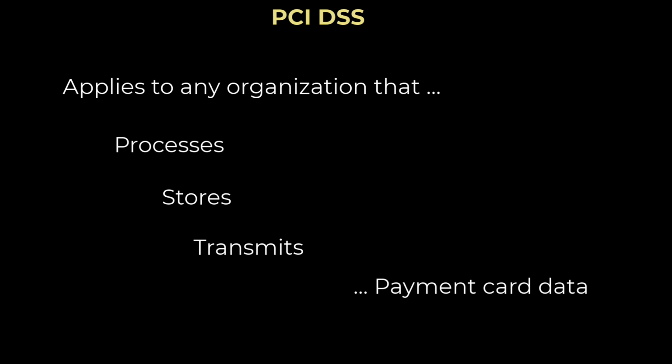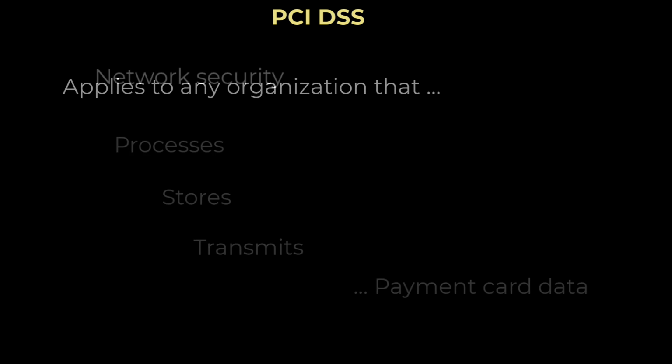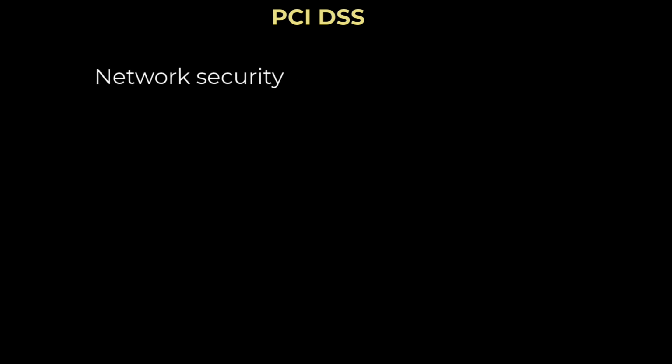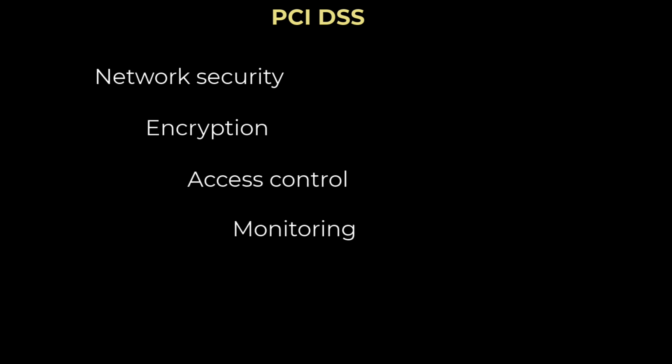PCI DSS operates by establishing a framework of 12 core security requirements that organizations must follow to secure their cardholder data environment. These requirements cover areas such as network security, encryption, access control, monitoring, and vulnerability management.